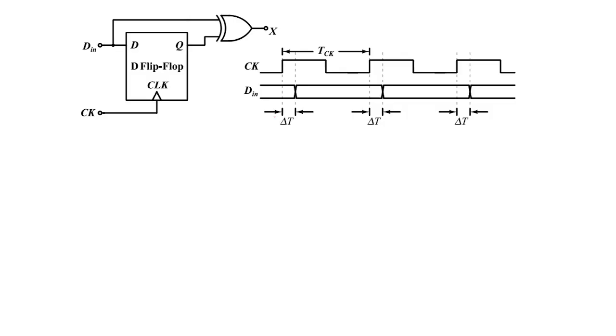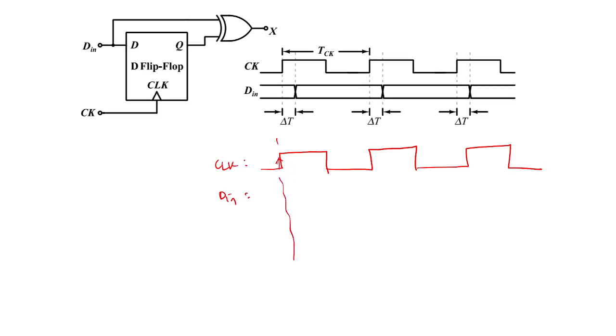So this is the clock, and D in. Instead of assuming a 0 initially, now I'll assume a 1. Then there is something called delta t time.